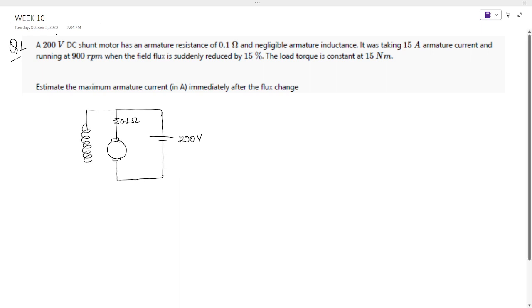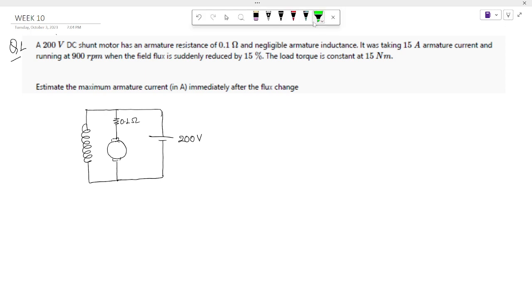This is the shunt field. The armature inductance is negligible, which means we do not have to consider the effect of inductance. It was taking 15 ampere armature current and running at 900 rpm when field flux is suddenly reduced by 15%. The load torque is constant at 15 Newton meter.